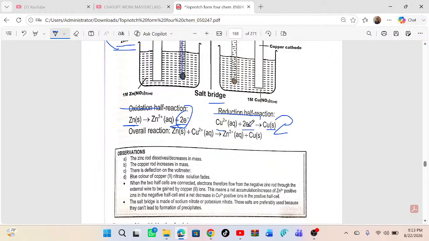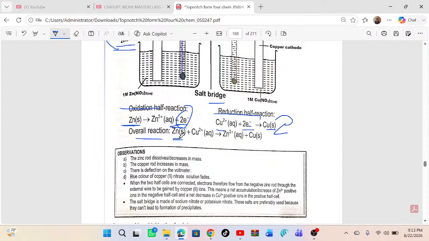The other question that might appear is the overall reaction. In the overall reaction, what you should know is that when writing the reaction, it should start with a solid and end with a solid. Know that first. So look at this.